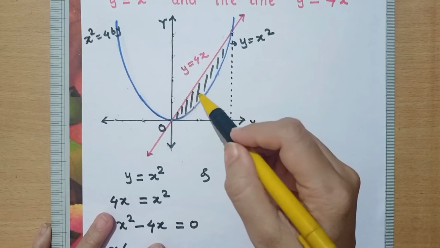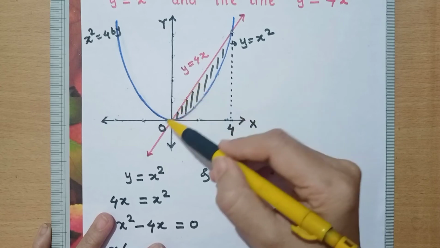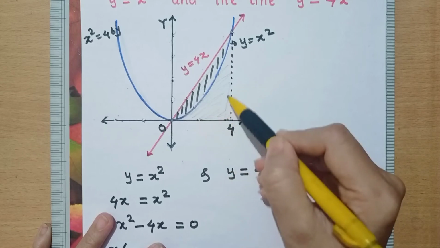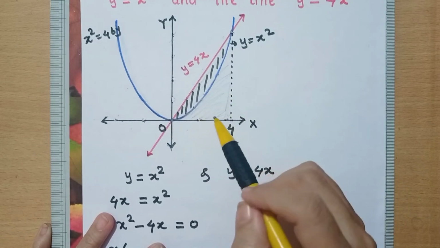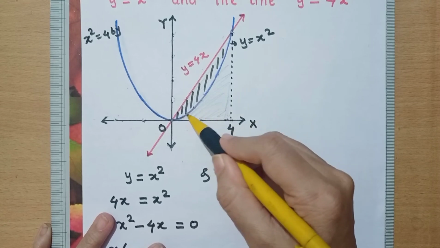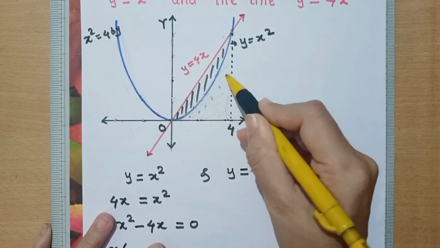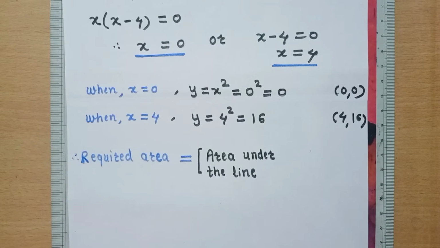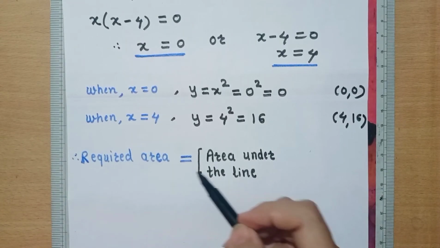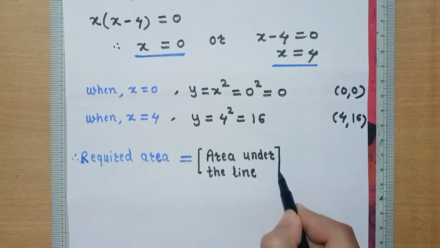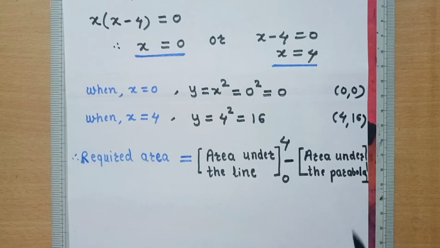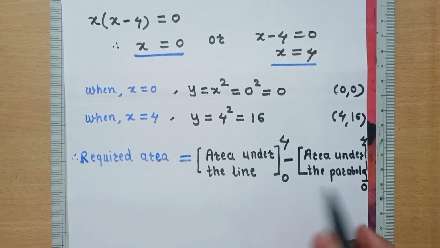To find this required area, first we will find out area under the line, that means this whole area up to this line between 0 to 4, and from this we will subtract area under the parabola, that means this area we will subtract, and therefore required area is equal to area under the line between 0 to 4 minus area under the parabola from 0 to 4. So first we will find out separately these two areas.